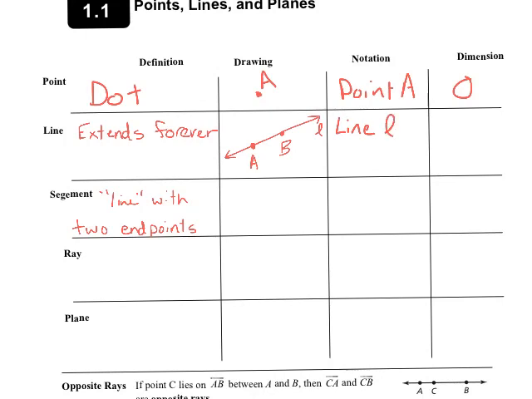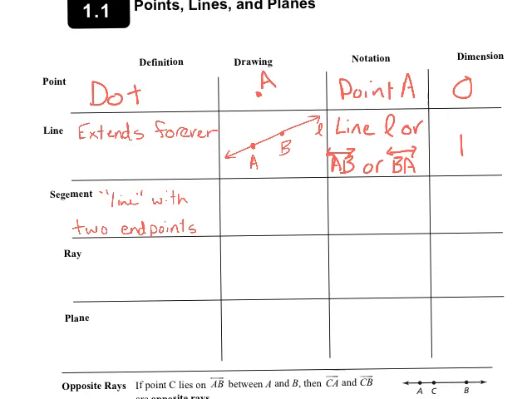We can call it line L, based on the name out beside it, or we can call it AB with the line notation on top, or we can flip that around and do BA with the line notation on top, because since it extends forever in both directions, it doesn't matter if you write AB or BA. And this line is one dimensional.